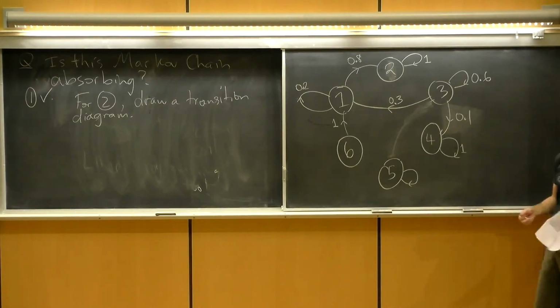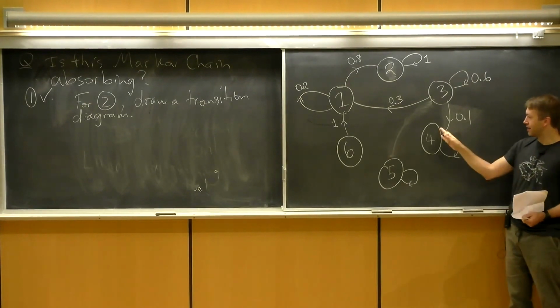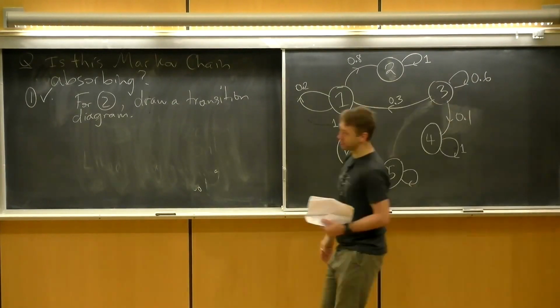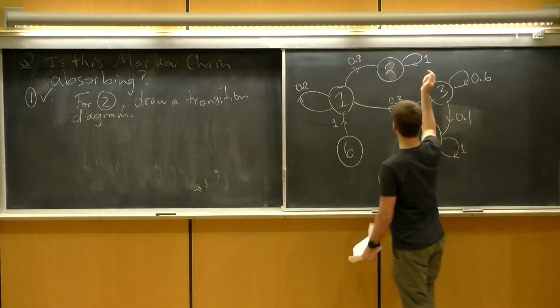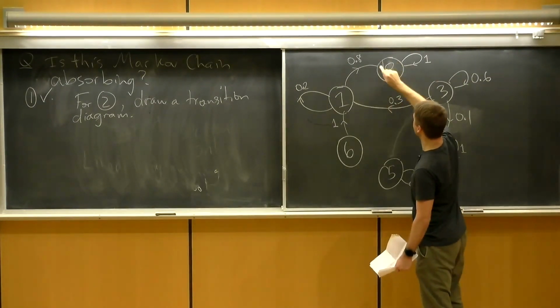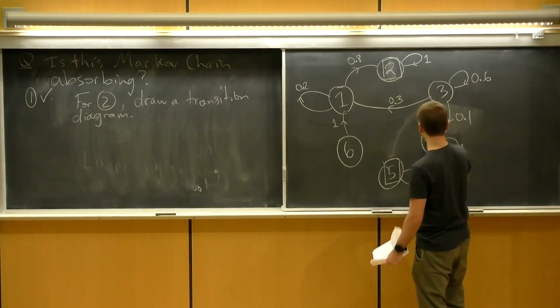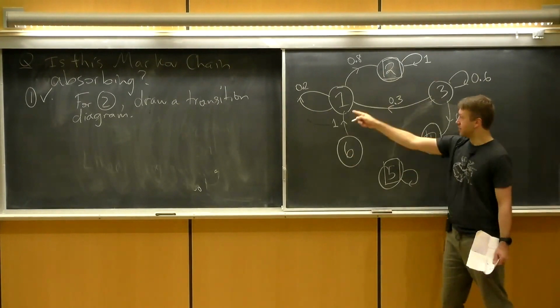So this diagram is a little bit complicated, but it's useful for understanding this second property of an absorbing Markov chain. My 3 absorbing states are 2, 5, and 4. My other states are 6, 1, and 3.